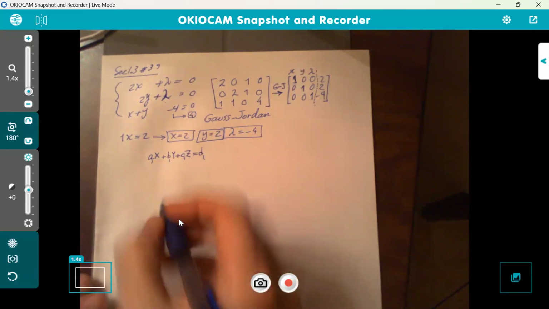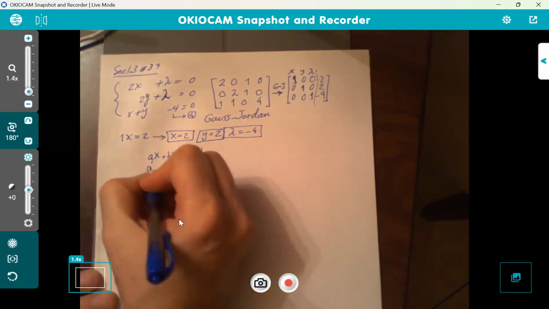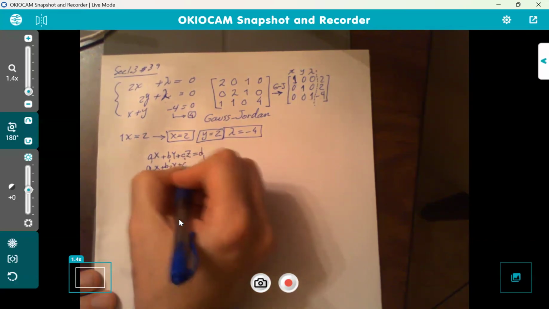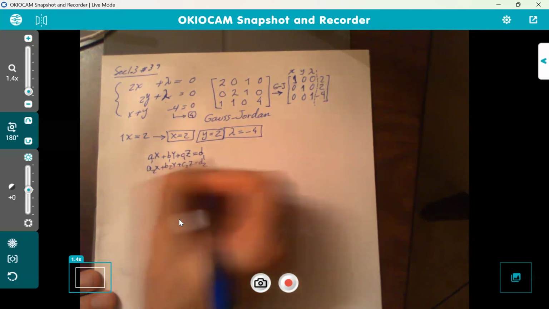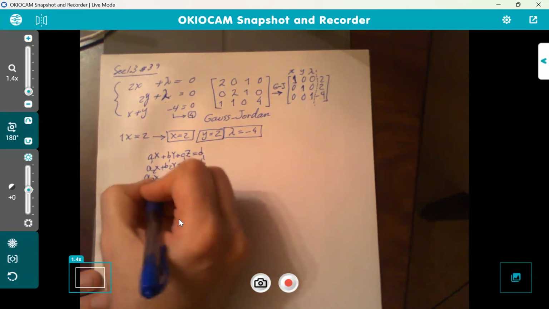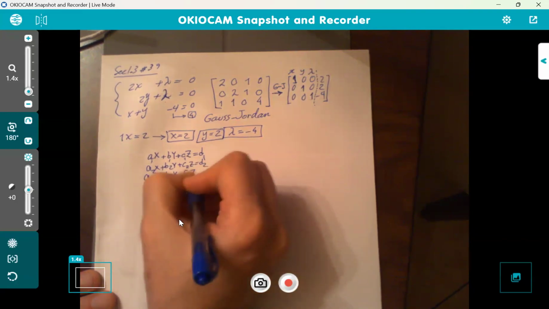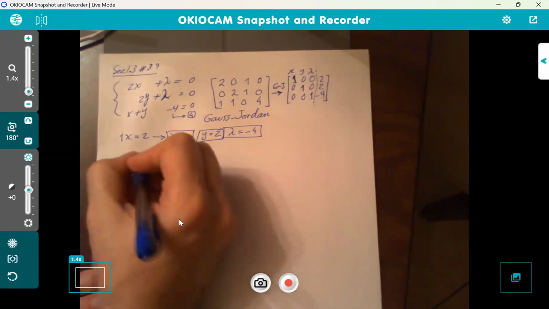So that would be our first equation. The second equation is in the form A2x, B2y, C2z equal D2. And let's say we have 3 equations, 3 unknowns on this one. So it's going to be like this.